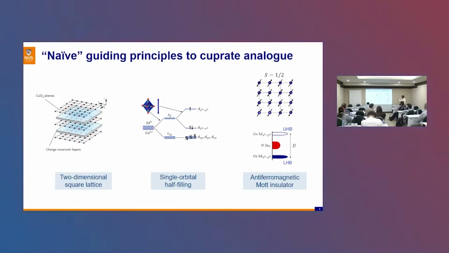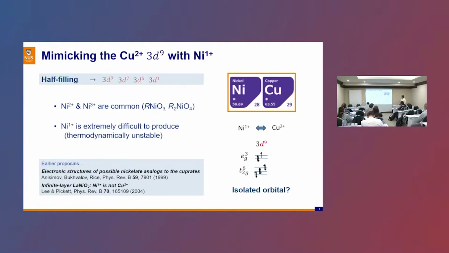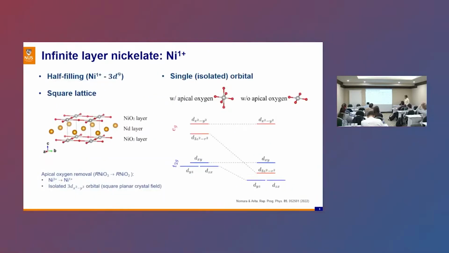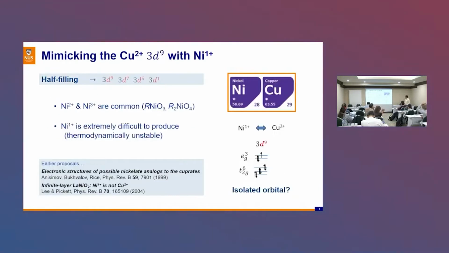Looking into all this, nickelate has been proposed to be a promising system because, in principle, to get the half filling you can do different orbitals, 3d7, 3d5, 3d1, but nickelate promises to have this 3d9 if you can make it nickel 1+. This is not a stable system, so naturally you will get 2+ or 3+. To produce nickel 1+, you have to remove the apical oxygens in the perovskite structures.